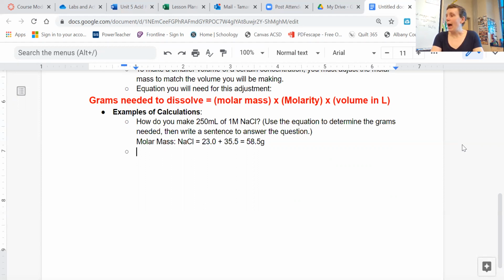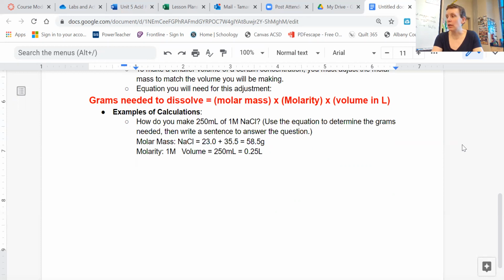Okay, the molarity comes straight from the question. The molarity is 1 molar, straight from the question. And the volume comes straight from the question too, but remember we have to use our volume in liters, right? So we have to change that to 0.25 liters.